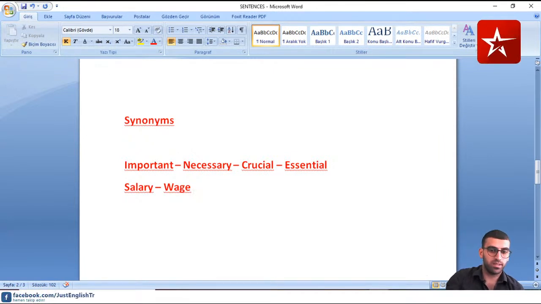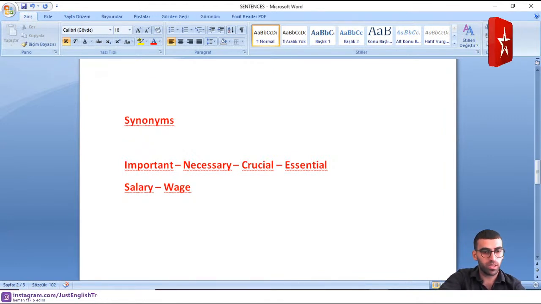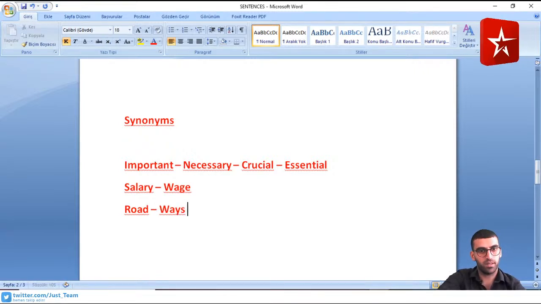The next one, for example, road. Road is a word, and most of you know the synonym of road. We have way. Road, way, they have the same meaning, but they are used in different situations.